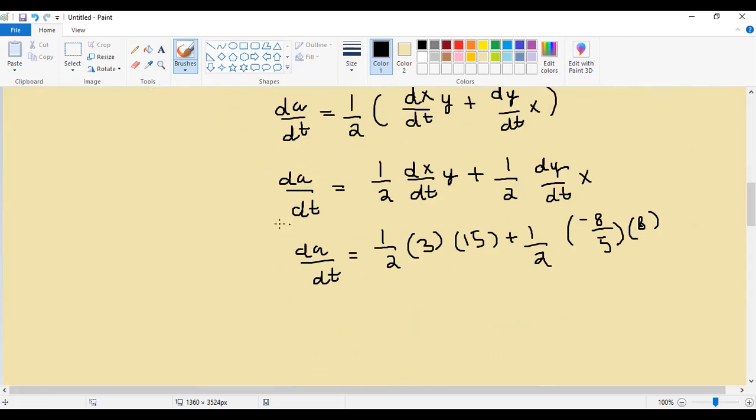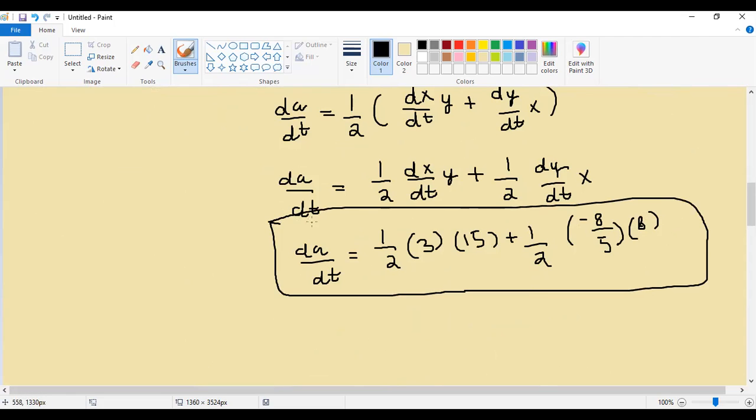And of course this would eventually come out to being your area with respect to time, if you were to do the math there, plug that into a calculator perhaps.